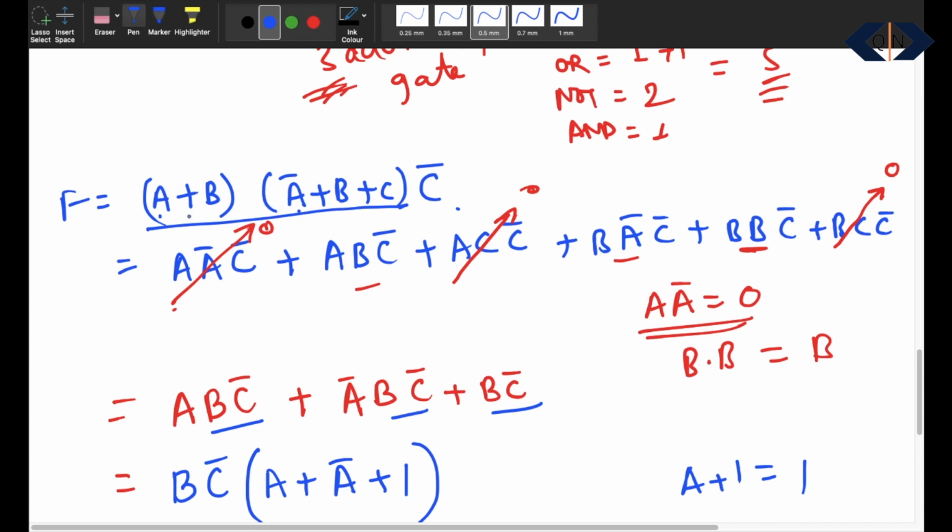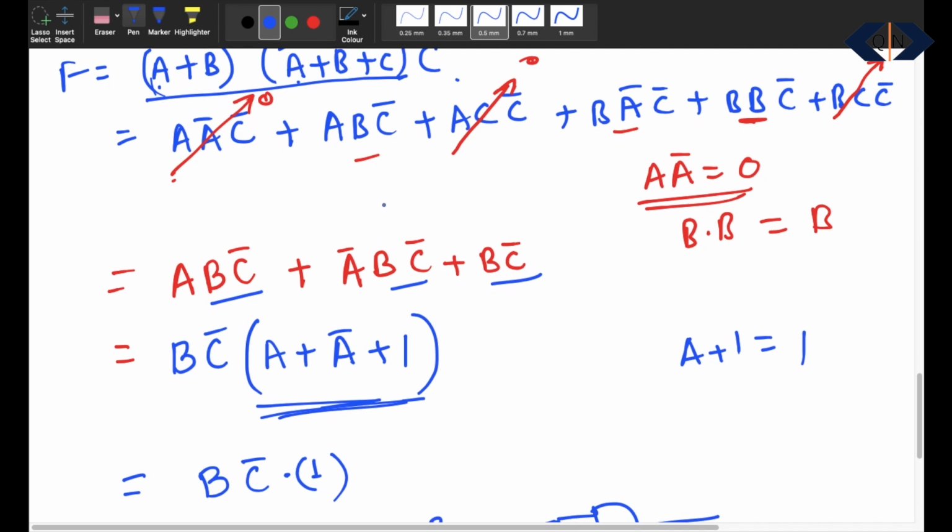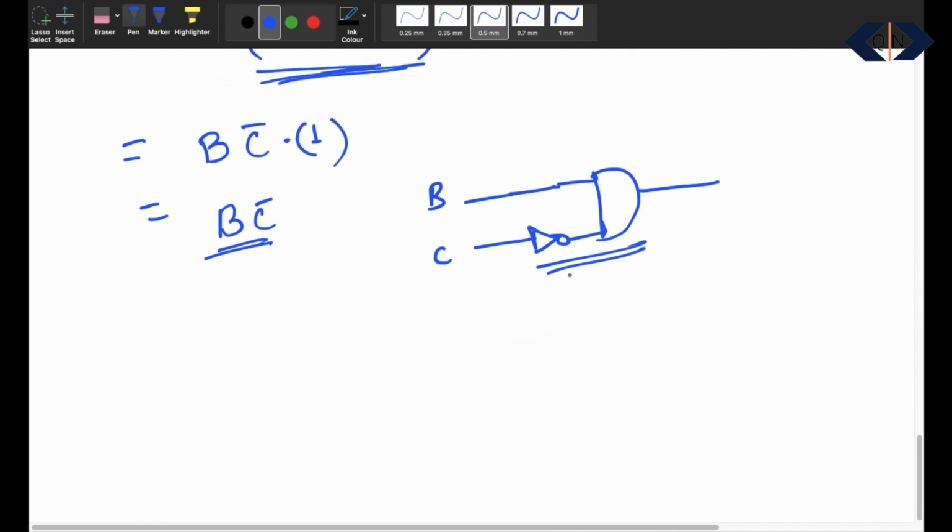Here it is an OR gate, then here an OR gate, then here an AND gate. So 2 plus 1, 3 gates are already there. Then internally 4, here internally 5. Lots of gates are required, right? So instead of that, we have minimized it to 2 gates only.